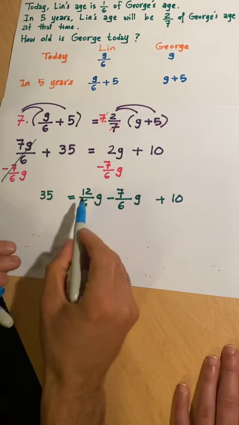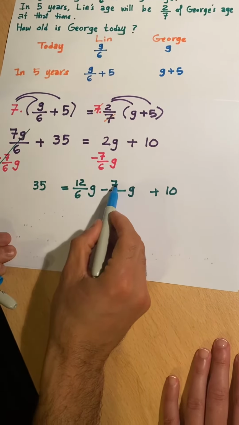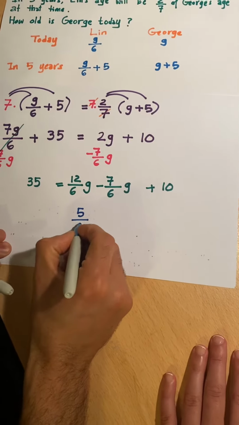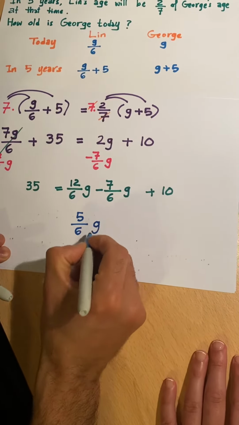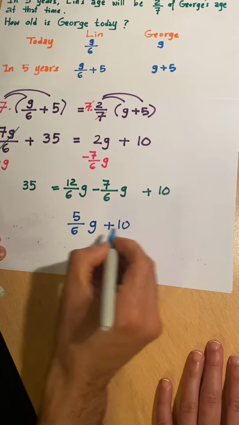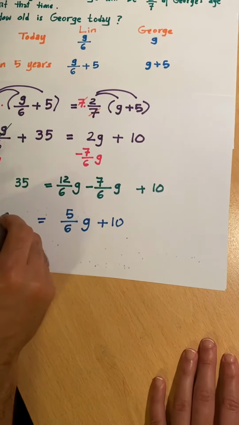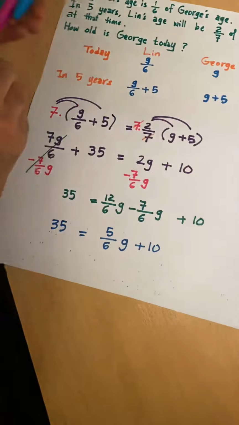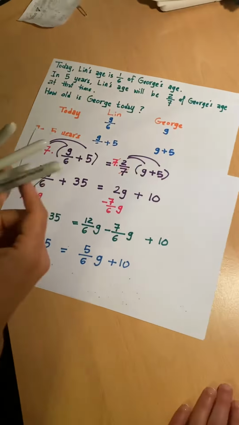We know what that is: 12 minus 7 is 5. So this is 5/6 G plus 10 on the right-hand side, and on the left-hand side, it is 35. Okay? Are we done solving? Sorry, almost. It's okay. We are good. Are we done solving it? Not yet. Almost there. So this is very crude.